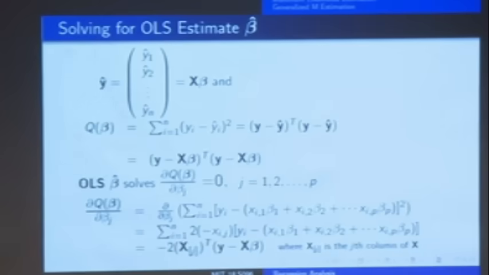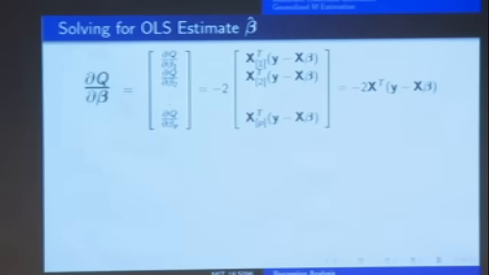Well, in matrix notation, if we let this bold x sub j denote the jth column of the independent variables, then this is minus 2 times the jth column of x transpose times (y minus x beta). So this jth equation for ordinary least squares has that representation in matrix notation.